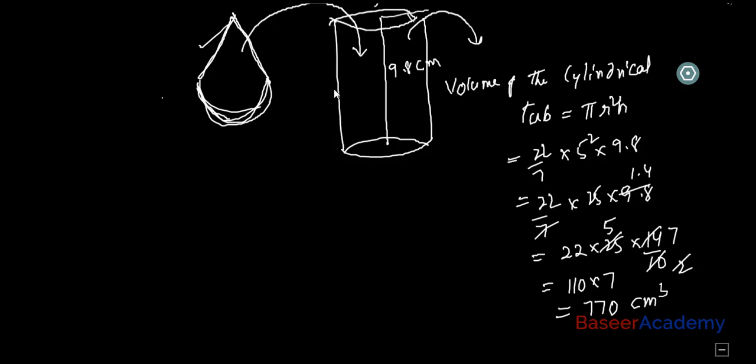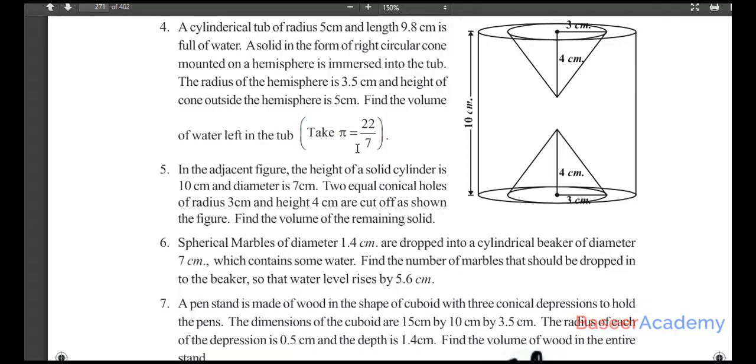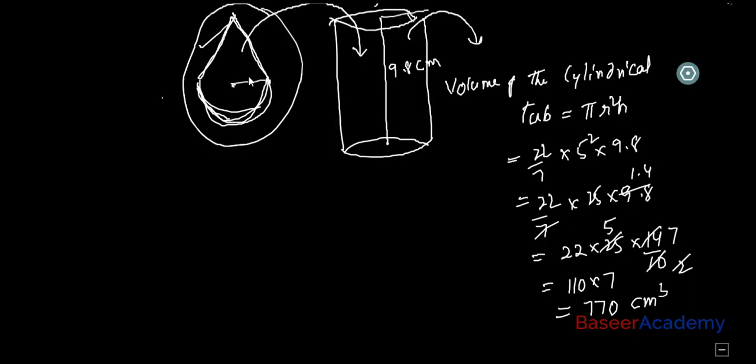Now let us find out the volume of this toy. The radius of the hemisphere is given as 3.5, and the height of this cone is given as 5. So we'll find out the volume of this toy.